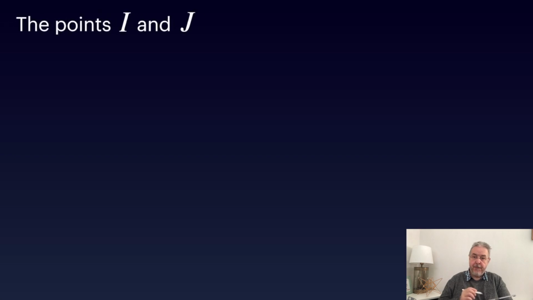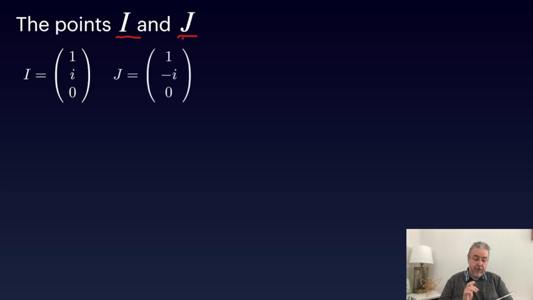This point P in the literature is usually not called P, it's called I, and it comes along with a companion, the point J, which has essentially the same properties. So the point I is our point P, and the point J is just the same point with one difference: you replace the occurrence of I by minus I.